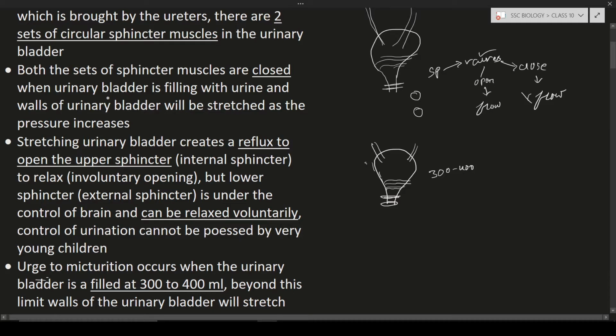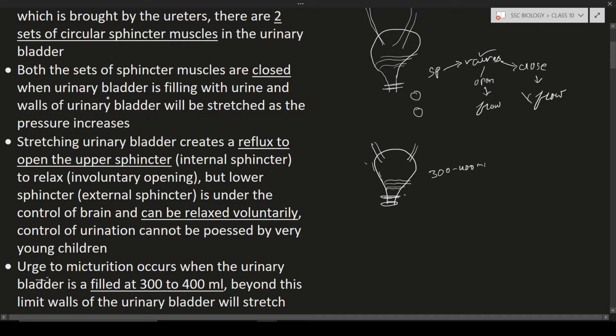It stretches the wall. When the walls are stretched, the capacity of the urinary bladder increases, which means it can accommodate and store a little more urine. So at 300 to 400 ml, the walls are stretched due to the reflex.